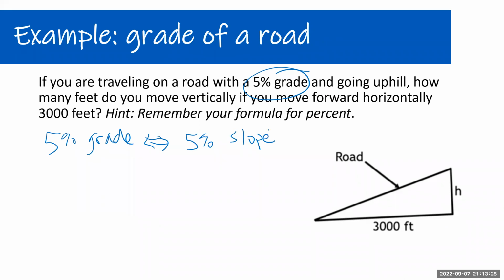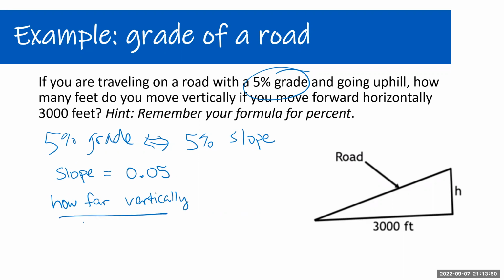Now 5% again isn't very helpful. So our slope in decimal form is 0.05. Okay. So that means that how far we go vertically over how far horizontally has to be about 0.05.